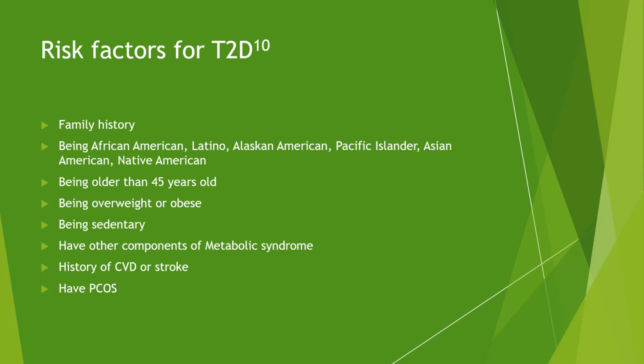Having other components of the metabolic syndrome, which are hypertension, hyperlipidemia, problems with your LDL, HDL, or triglycerides, having central adiposity, which means, effectively, having a higher waist circumference, effectively the things that predispose us to all disease. These are risk factors for type 2 diabetes.